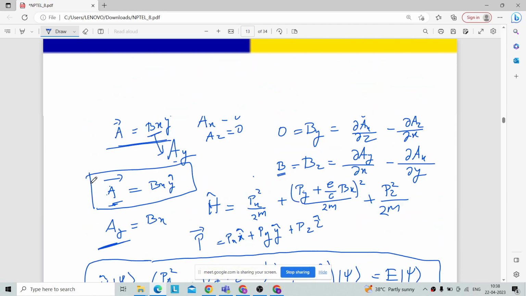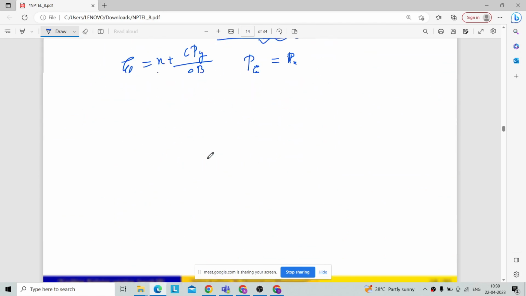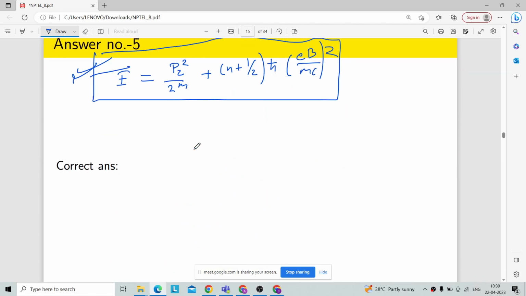Now coming to the next question. The next question is to discuss the motion of the electron. I got a system where my Hamiltonian is now like this.